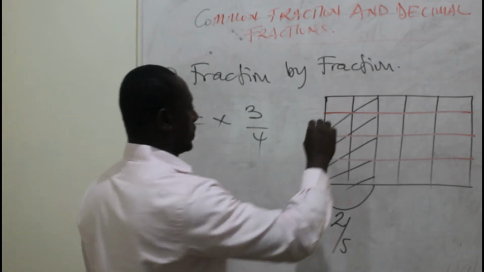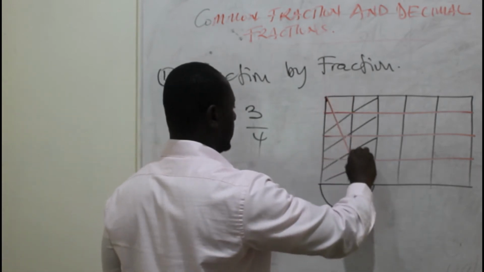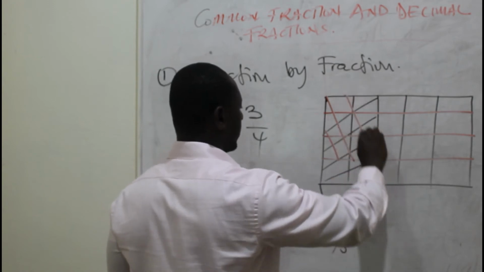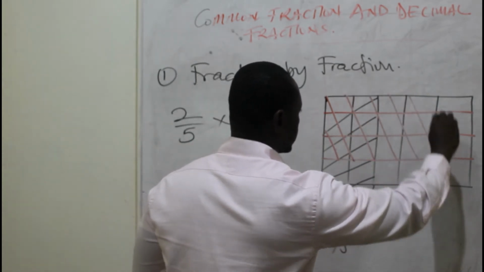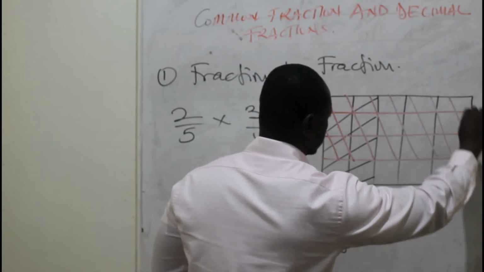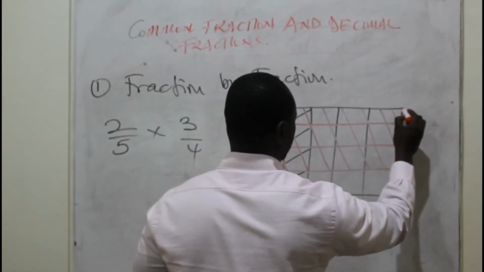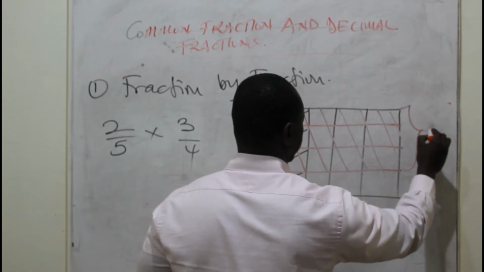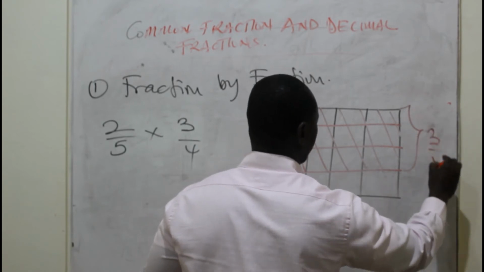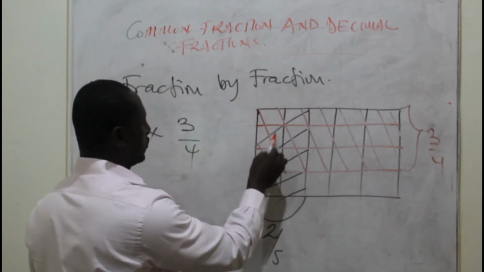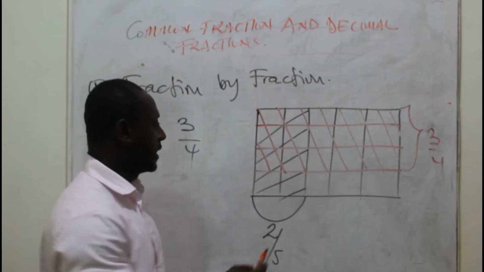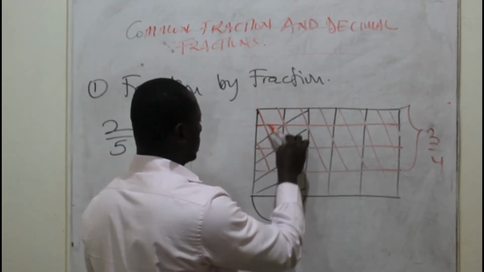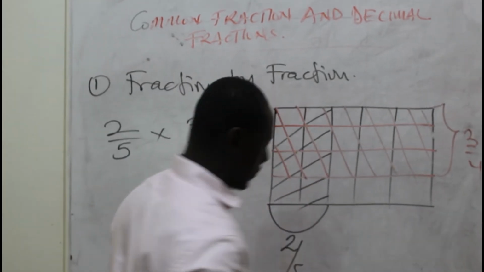Okay, so we have the 3 shaded in this way. I'm shading this one with a red color so you can identify that one. And so this represents 3 out of 4. 1, 2, 3, 4 equal divisions. You have chosen 3. You shaded 3. So that gives you 1, 2, 3. So 3 out of 4.